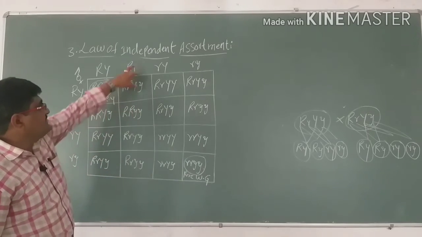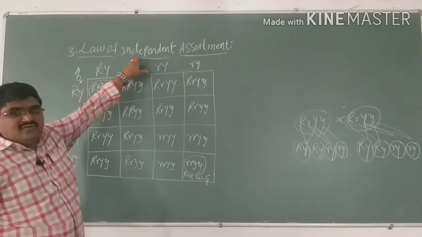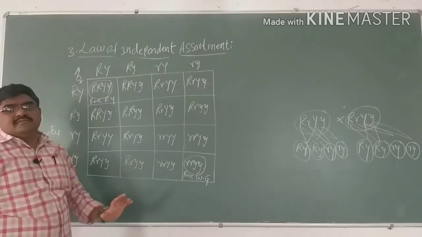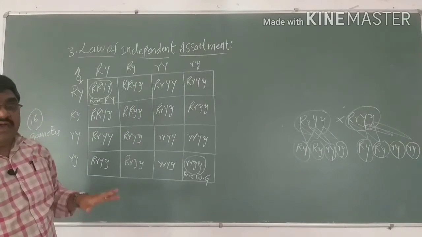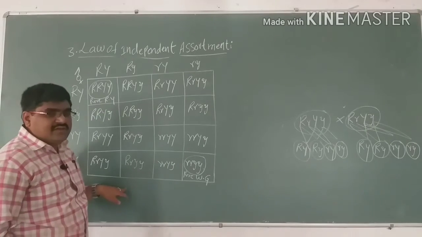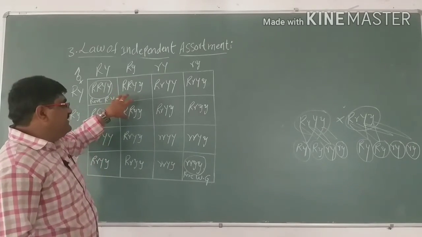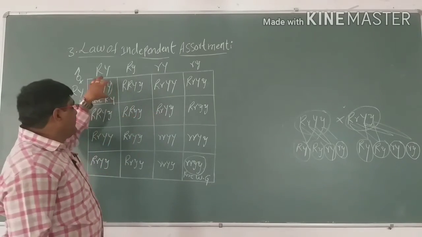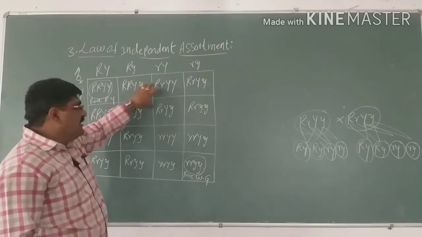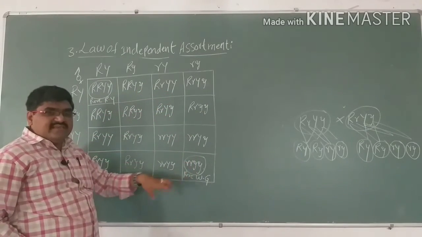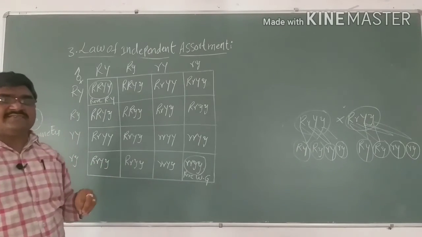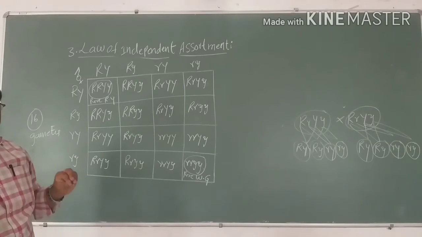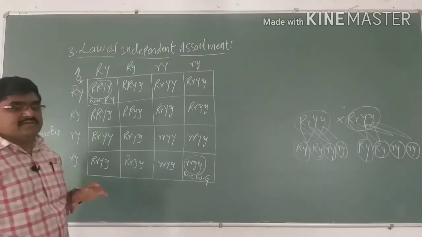So the dihybrid cross is also called the law of independent assortment. Why? Because each gamete expresses its own character independently, so when they segregate, this law is called the law of independent assortment.